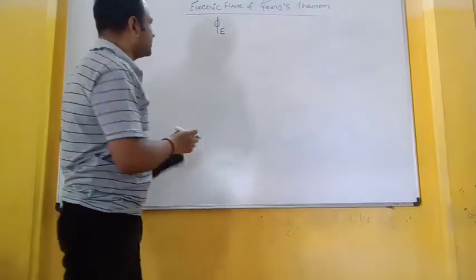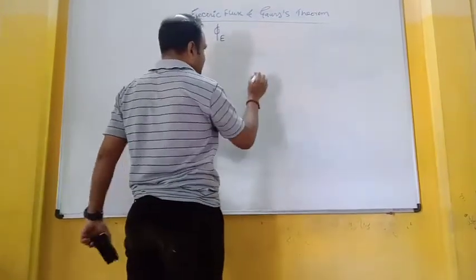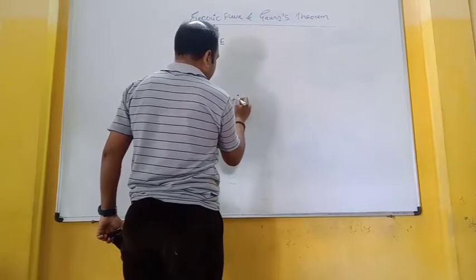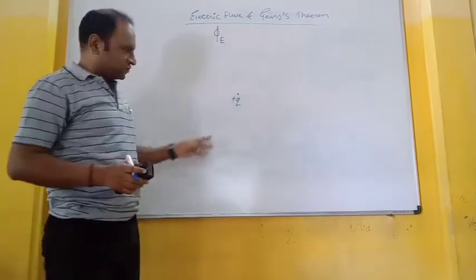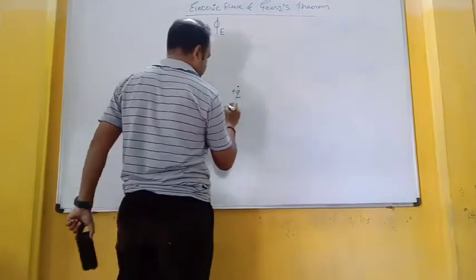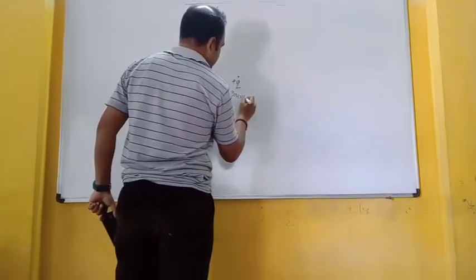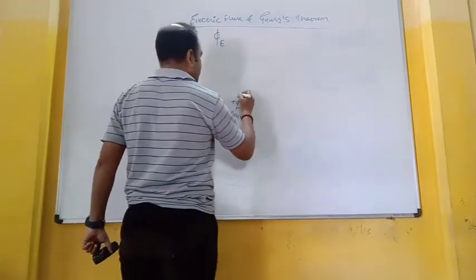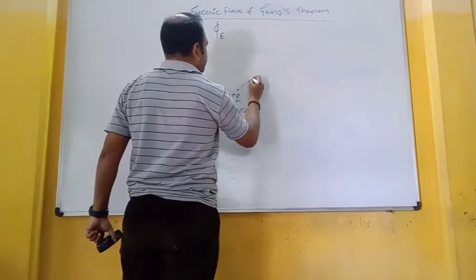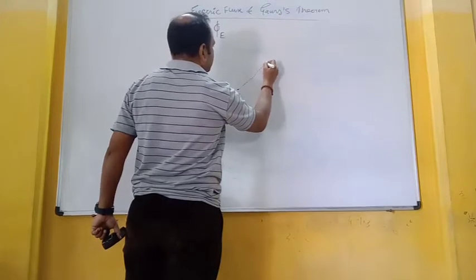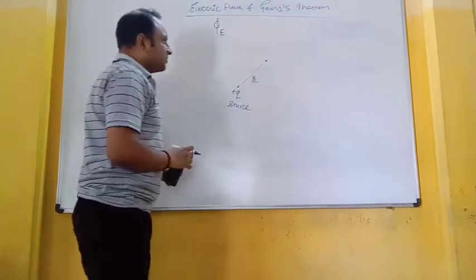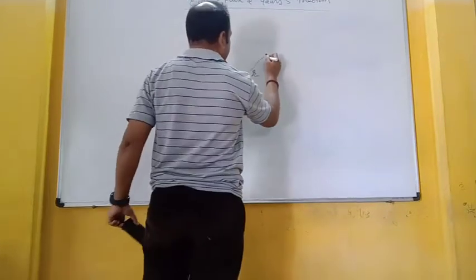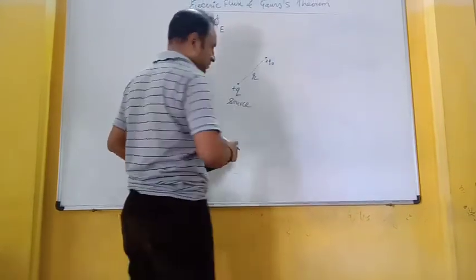For example, if I consider a charge, let us say Q here, this will be my source charge. It is at a distance r from a given test charge, plus Q0.